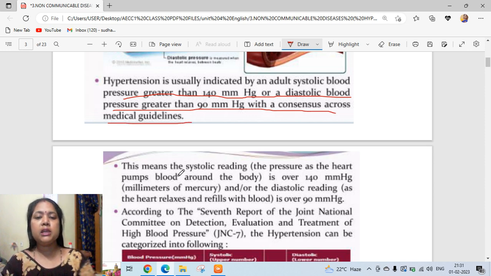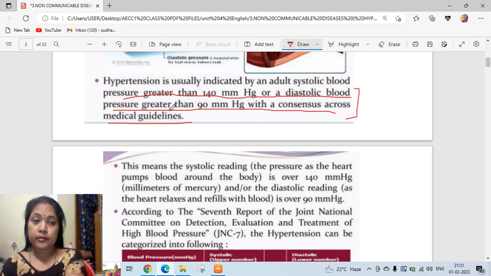According to the medical guideline, this is the measurement level for blood pressure which we term hypertension.